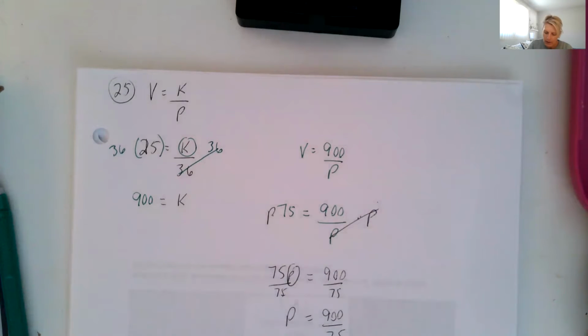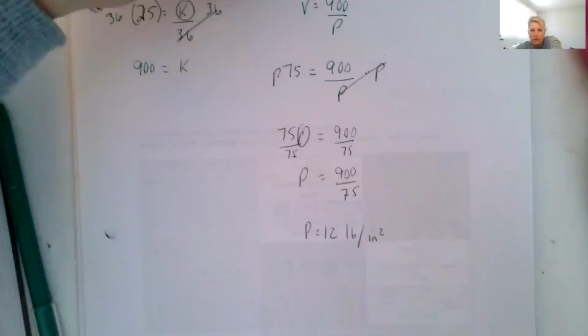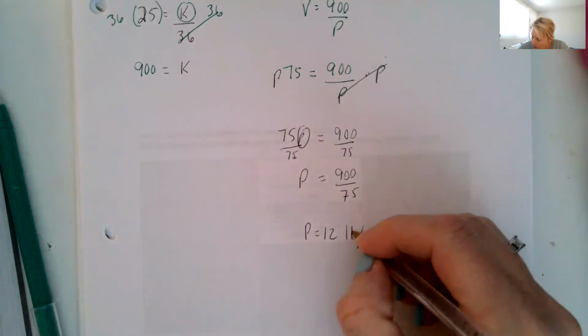So 900 divided by 75 is 12. So it looks like the pressure is 12 pounds per square inch. Oh, we have units too. Make sure you're using pounds as LB.